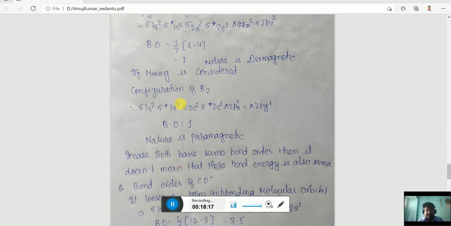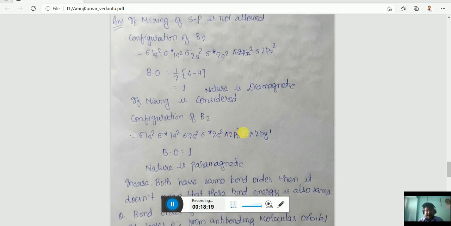So understand, here in this case pi 2px1, pi 2py1, we will share 2 electrons in this way, and in the other case both electrons will go to sigma 2pz if mixing of s and p is not allowed. If mixing is allowed, then electrons will be shared in this way, and in this case nature is paramagnetic, in the other case nature is diamagnetic.